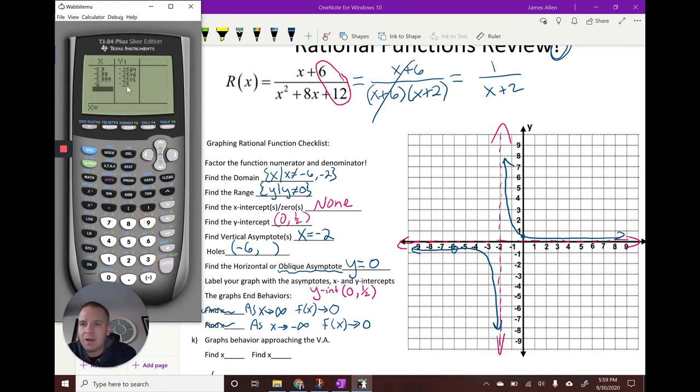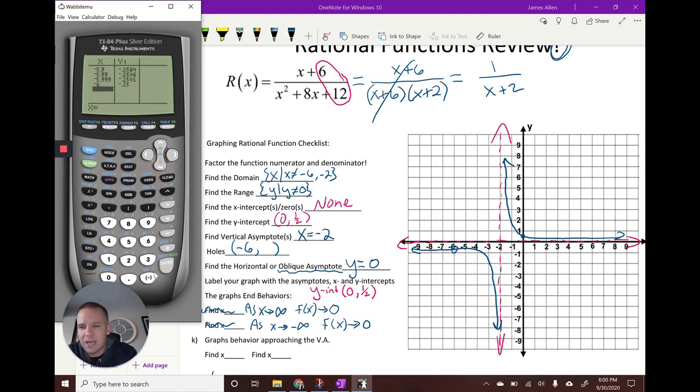It says that I'm plugging in -6, but I'm not. I'm plugging in -5.9999, and it's giving me -0.25, and it's going to have some 001 going on afterwards, but they're cutting it off. Okay, so it looks like I'm approaching -0.25.